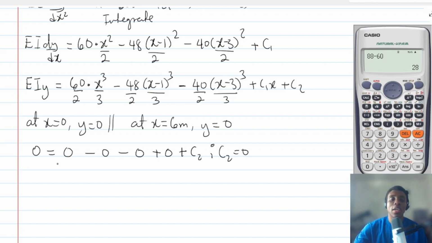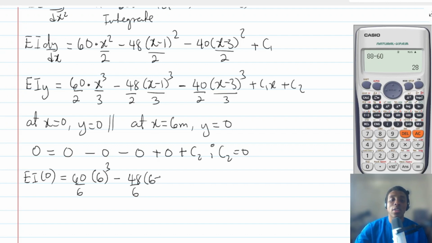Okay, again, let's put another boundary equation into it. At x equals 6, y is 0. So you see that y will be 0 here. Okay, let me take my time and do it. EI multiplied by 0 should be equal to what? This time around, this is 60 divided by 6, and then x cubed, which is 6 cubed, minus 48 divided by 6, x minus 1, which is 6 minus 1.